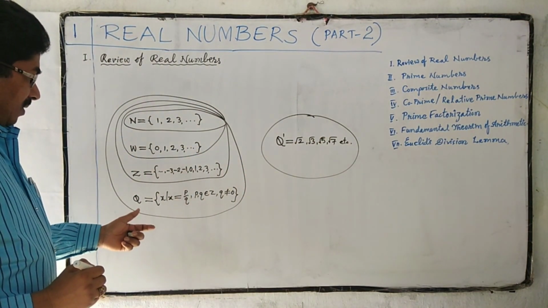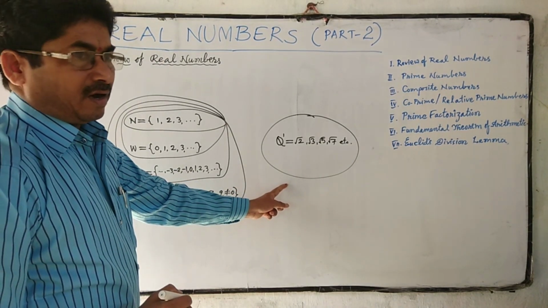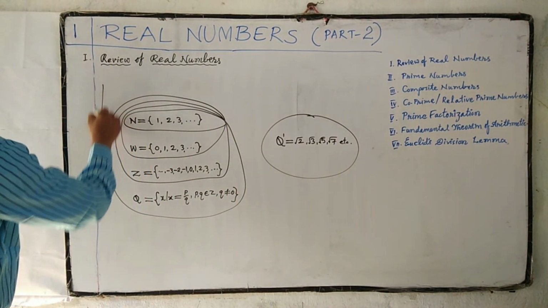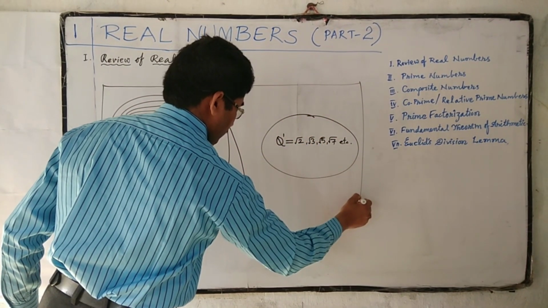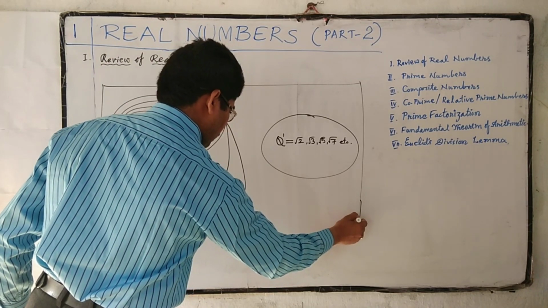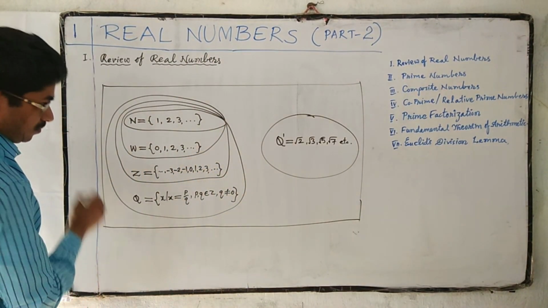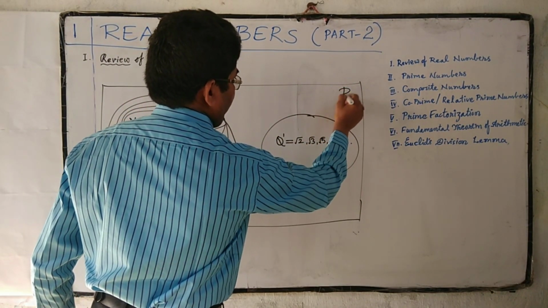The set of rational and irrational numbers together are called real numbers. These are in real numbers.